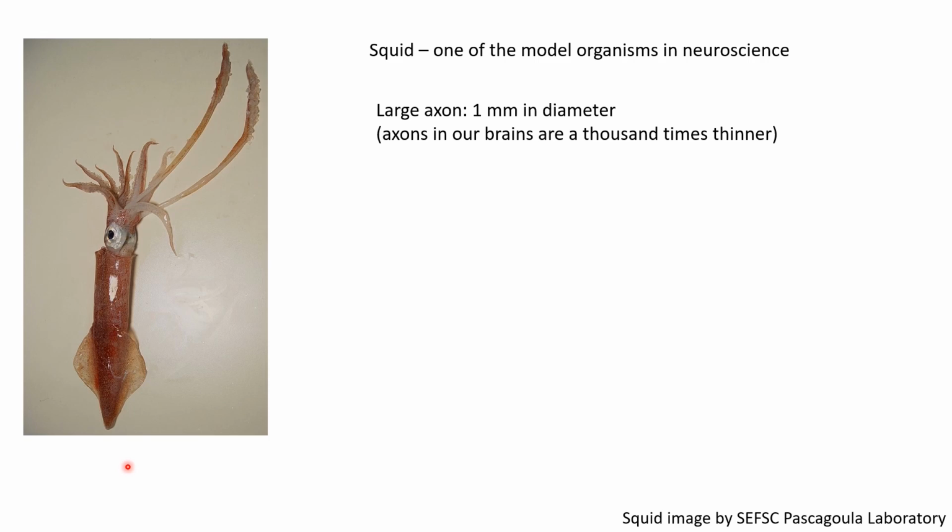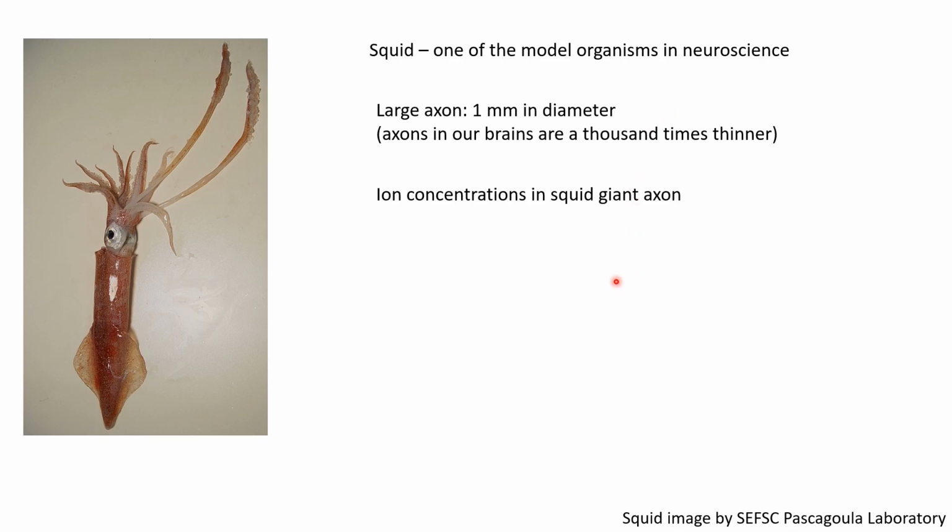In humans and mice, the axon diameter is typically about a micron. But in a squid, there is one axon, known as the giant axon, that has a diameter of about 1 mm. That is about 1,000 times more than the diameter of our axons. And that makes it very easy to work with, having this large diameter. So one can easily probe this axon.